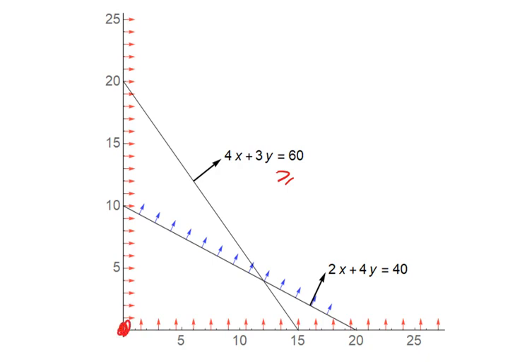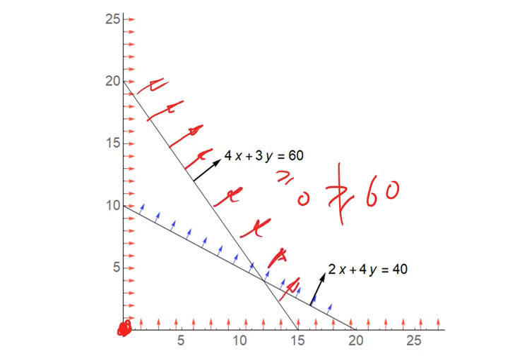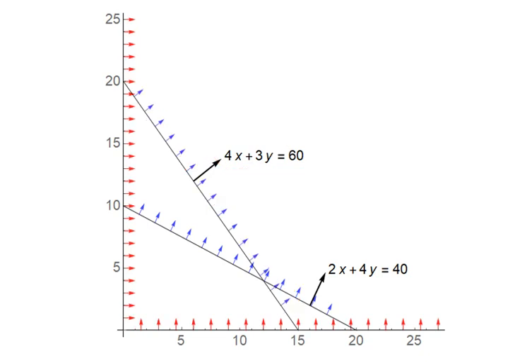If you pick (0, 0) as your testing point, you will find that 0 is not greater than 60, which means that (0, 0) is not in the region that you want. So the region that you want is the region above the line. So that would be the region satisfied by the inequality. So your graph then looks like that.